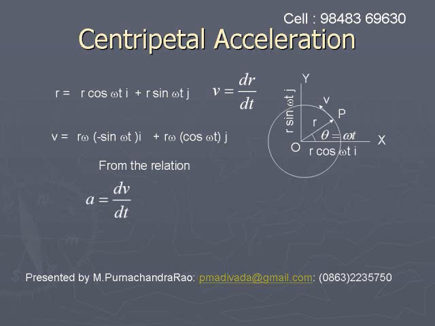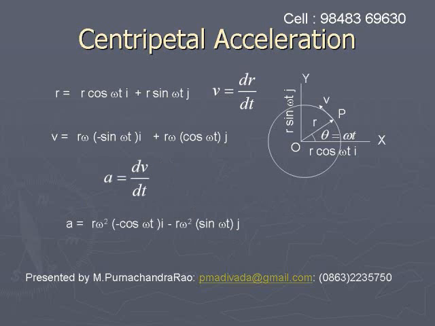From this relation we can obtain the acceleration from a equals dv by dt. We have derived v equals r omega into minus sin omega t i plus r omega into cos omega t j.